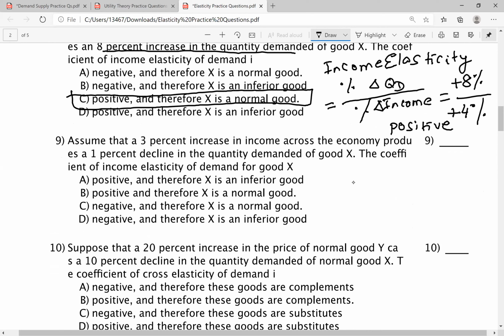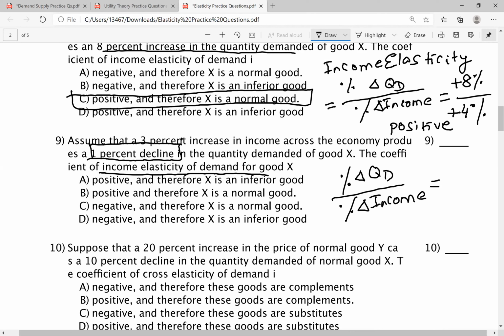Normal good means your income is up and you want to buy more of this good. Now, question number 9, they're again asking us to find income elasticity. Use the same formula here, which is percentage change in quantity demanded over the percentage change in income. The percentage change in quantity demanded is negative 1% because my quantity is going down here. Percentage change in income is 3%. So my result is negative.